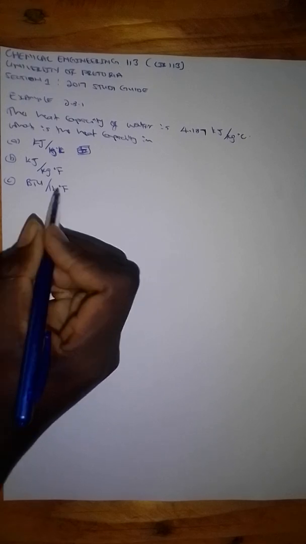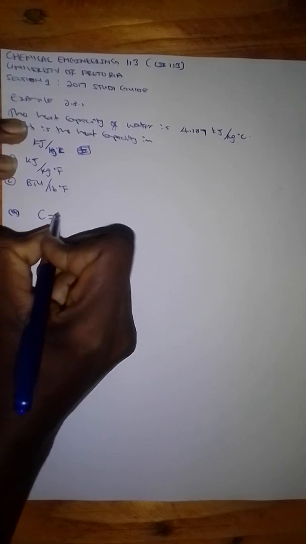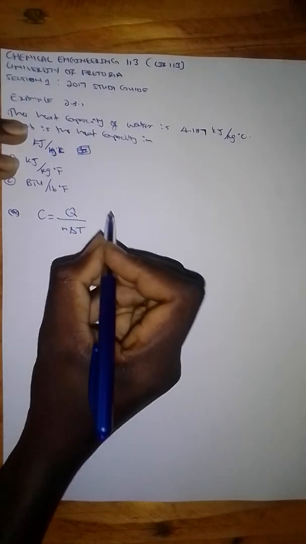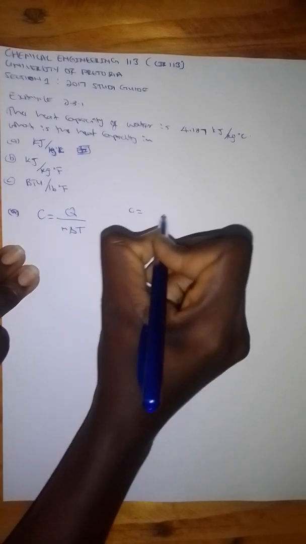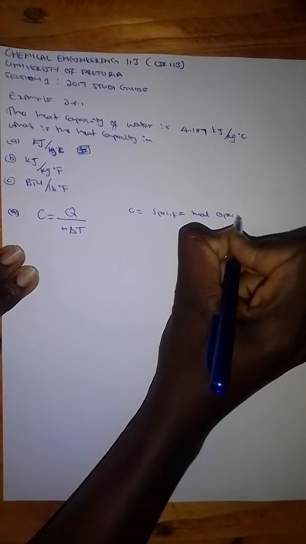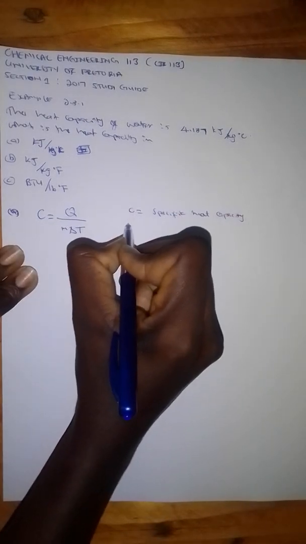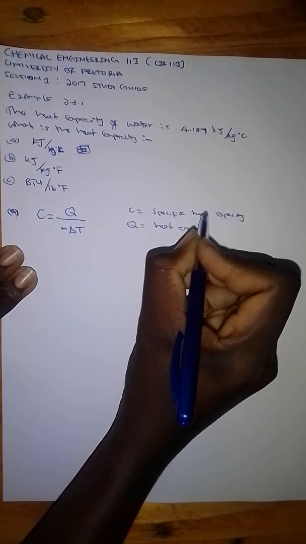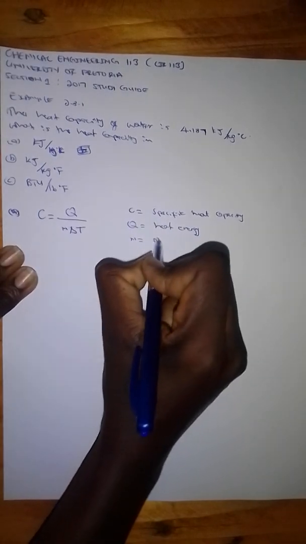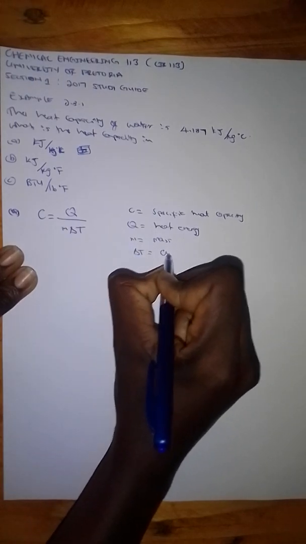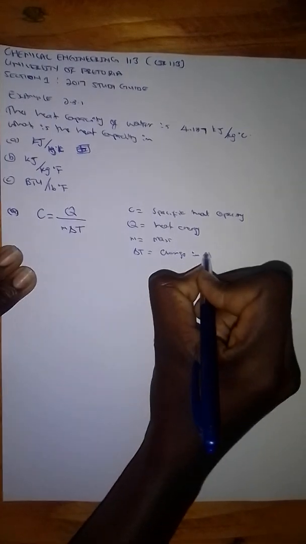Let me write this, the equation of the specific heat capacity, where C is equal to the specific heat capacity, Q is equal to the heat energy, M is equal to the mass, and delta T is equal to the change in temperature.